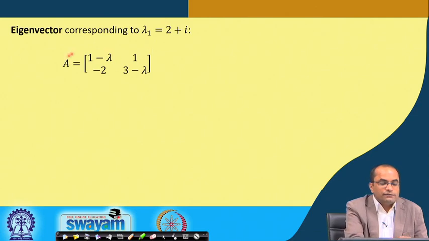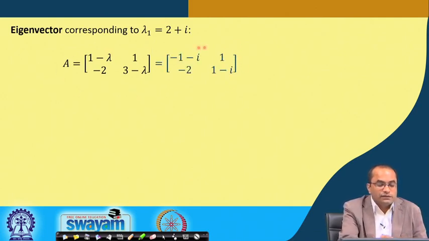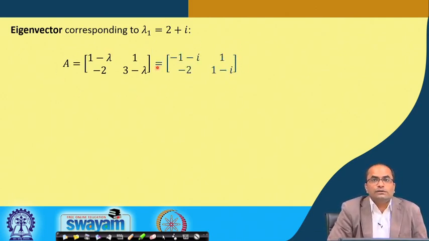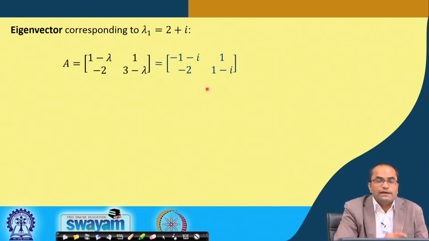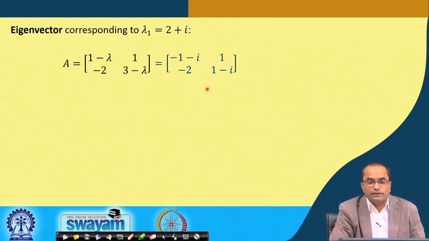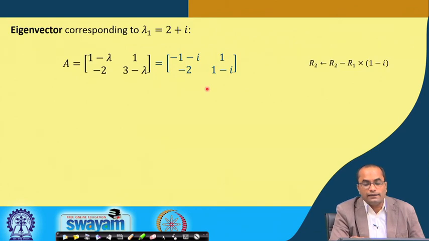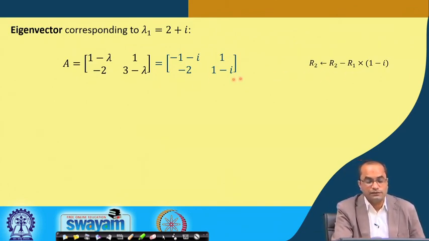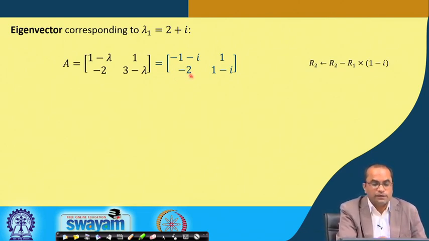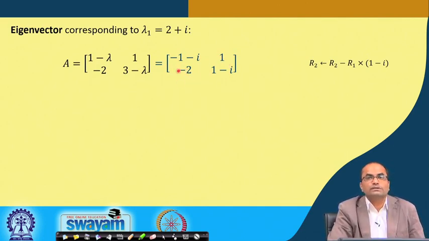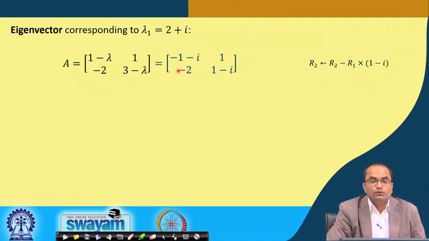Corresponding to this we have the coefficient matrix of this eigenvector equation, and now we will make the transformation that R2 will be R2 minus R1 multiplied by 1 minus i. So, if we multiply this equation by 1 minus i and subtract from equation number 2, what will we get?